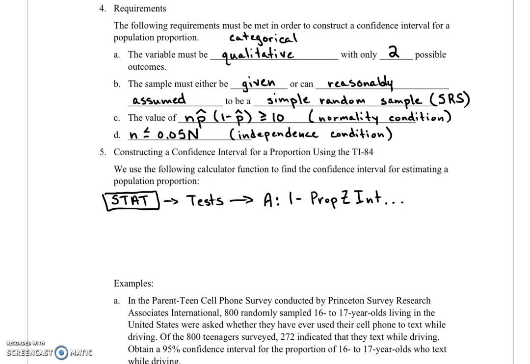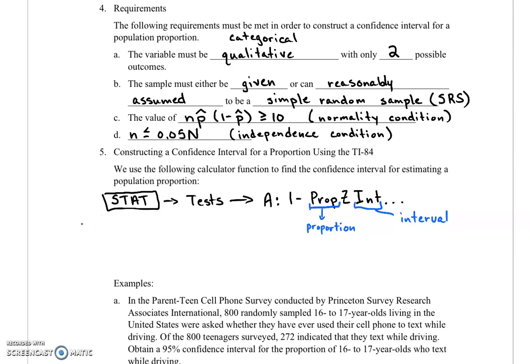So, one thing I always note, the prop stands for proportion, and the int stands for interval. So confidence interval for a proportion, 1-PropZInt.